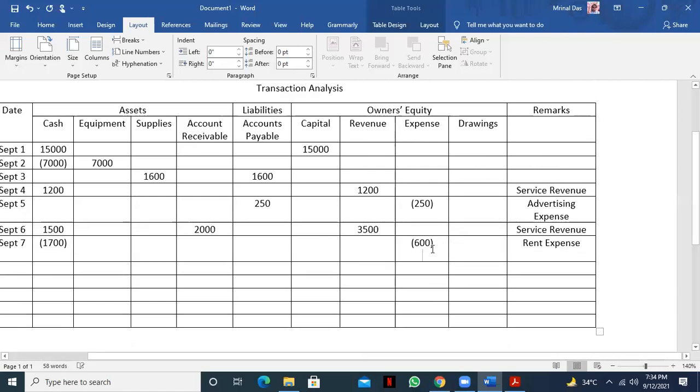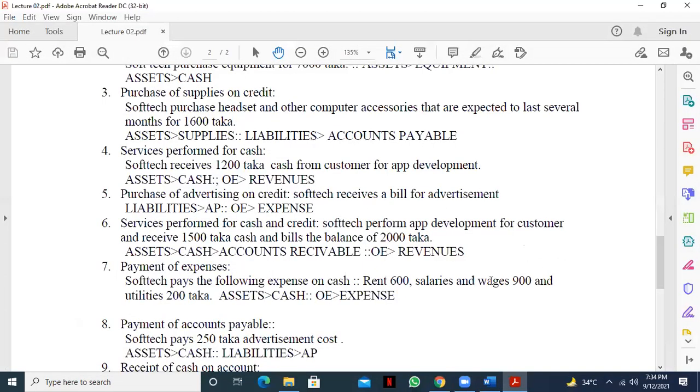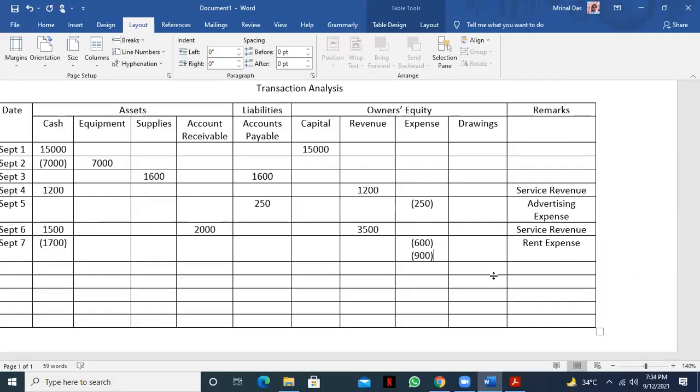The next expense is salary and wages 900, and that is salary expense.